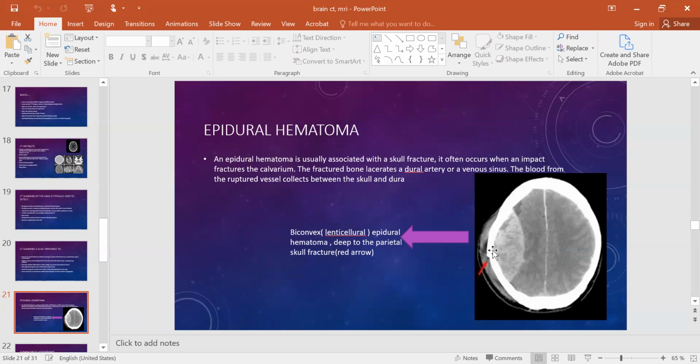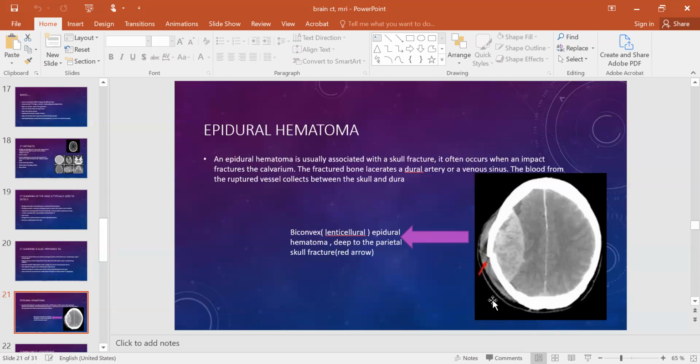Here you see that there is a fracture line in the skull, which caused this bleeding, after trauma bleeding. Also, if you compare soft tissue on this side and on this side, you can see a difference because there is thickened soft tissue, and soft tissue density is higher than on this side.